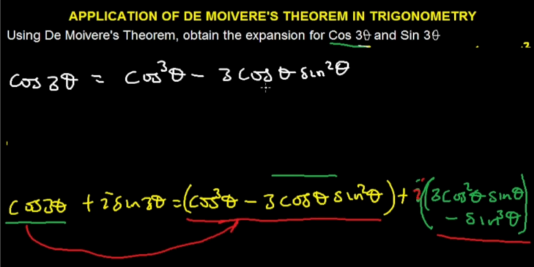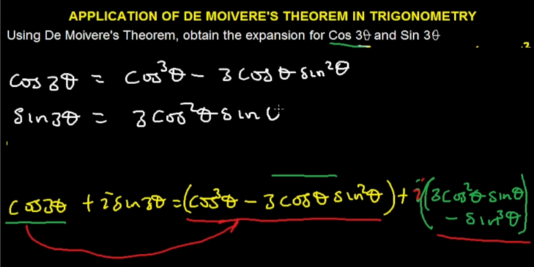And if I want to match the imaginary part, I'll just say sine 3 theta is equal to what? 3 cos square theta sine theta minus sine cube theta, because this one here represents the imaginary part. Then I can also get what I want from here. If you decide to leave your answer like this, you are not wrong. And if you decide to spread it across, make it in terms of cos, you are also welcome.